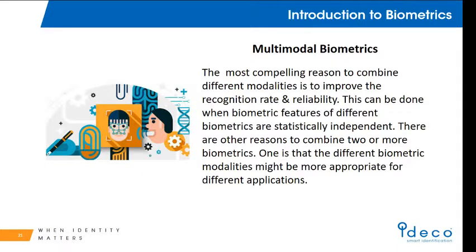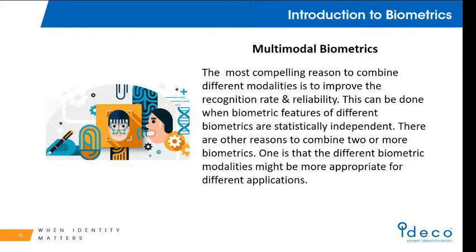One of the things that is quite important, and the slide's actually maybe in the wrong place, is that more and more we're seeing a move to multimodal biometrics. On the previous slide I showed you the different biometrics. Some are very easy to measure, some are more difficult to measure. Often by putting more than one biometric together, you can improve the recognition rate and the reliability.